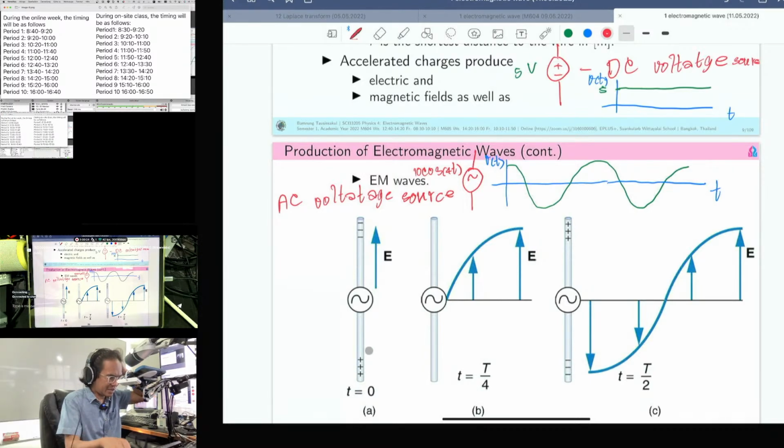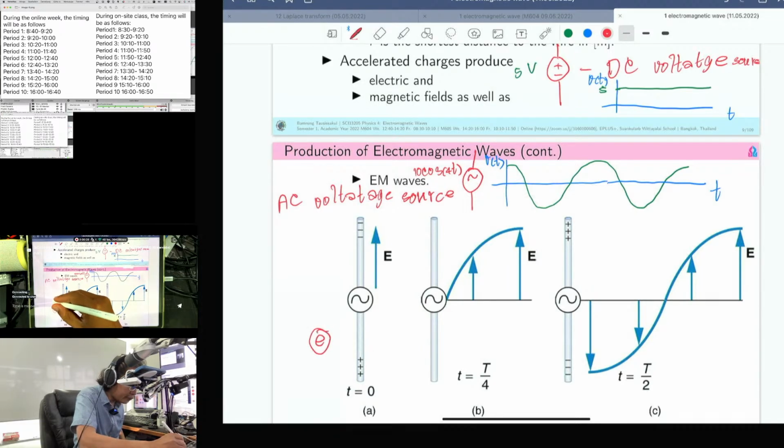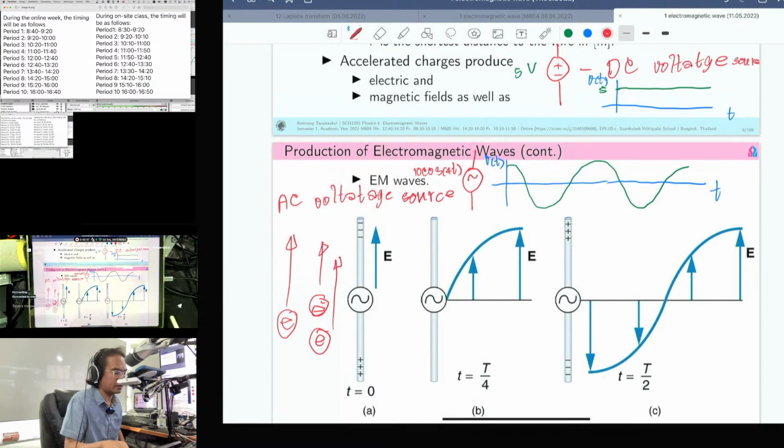What does that mean? It means they try to repel every electron this way, to force electrons to move upward. So electrons will be collected at the upper end of this conductor. Once electrons stop here, in this area we would have mainly the negative charge, right?